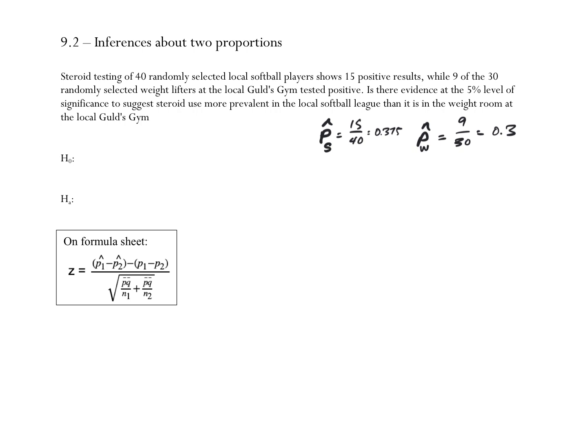One is 0.375. The softball has 37.5% of the sample, right? And the weightlifters had 30% of the sample. So we see some difference between the 2 groups in terms of their percentage.